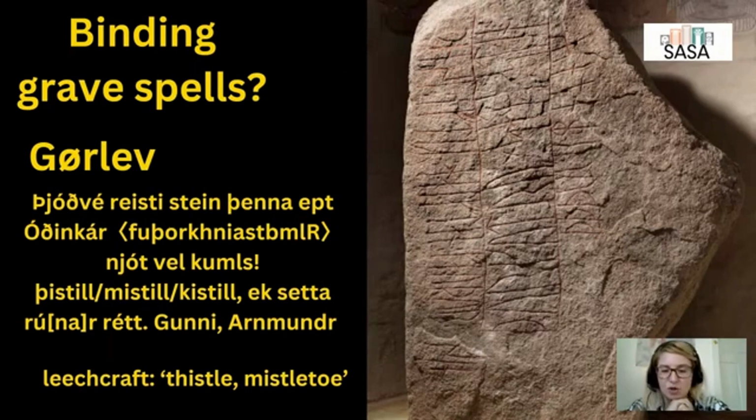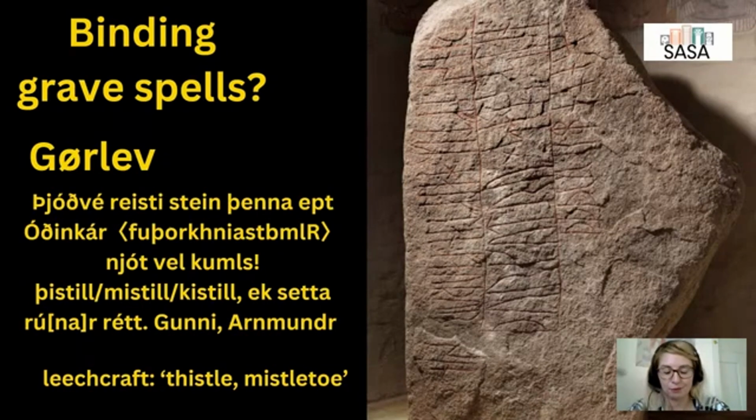And then we have a string of letters, the letters of the alphabet. It's a string of the futhark, and this was generally used in order to increase the potency of the spell, or at least that would be the contextual interpretation.